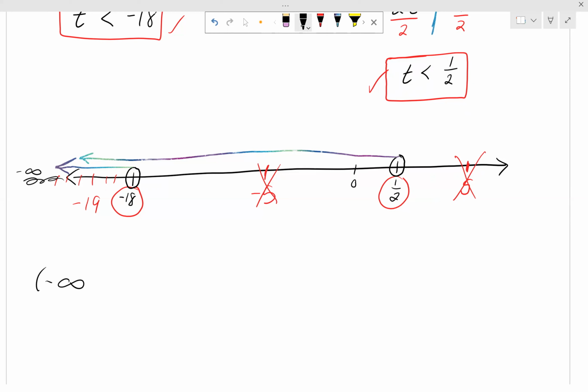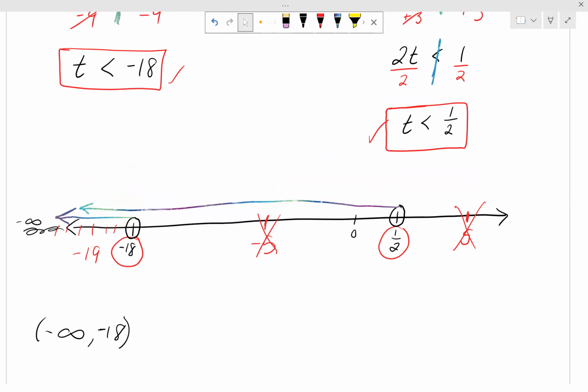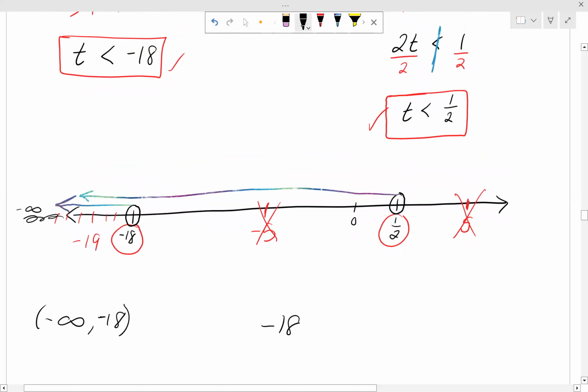So all the way from negative infinity up to negative 18. And we're not going to include negative 18 because negative 18 is not less than negative 18. They're equal. And we don't have that or equal to sign right here. We just have that it's less than. So we're not going to include negative 18 here.